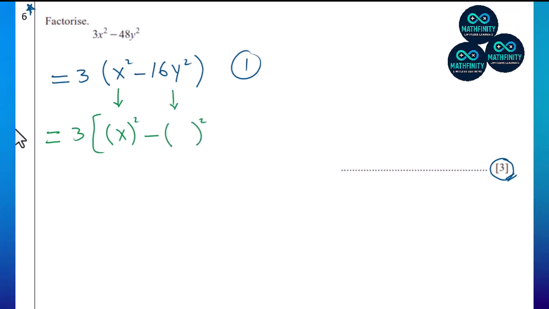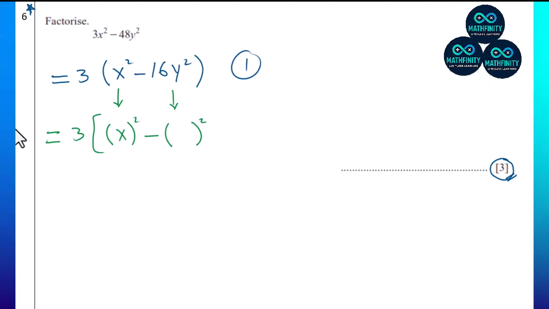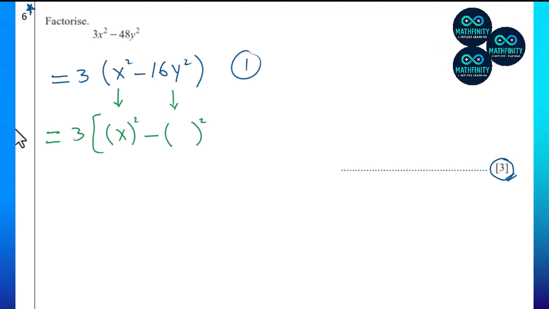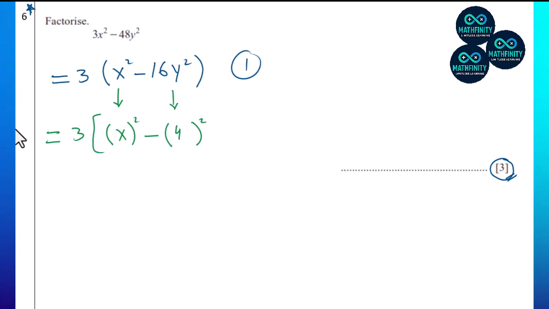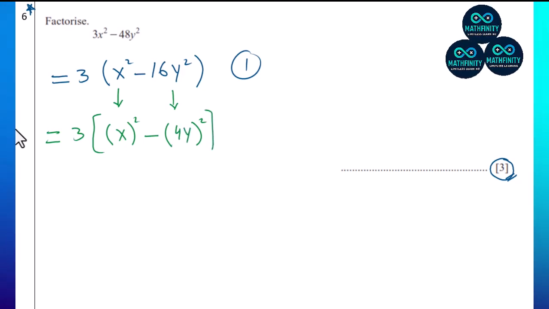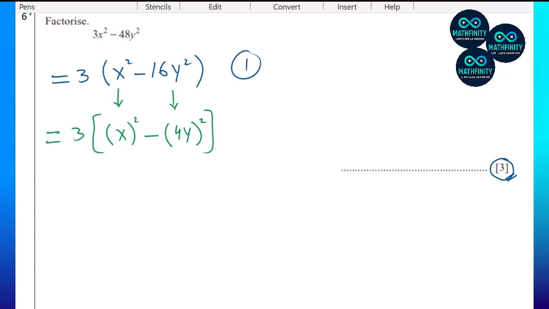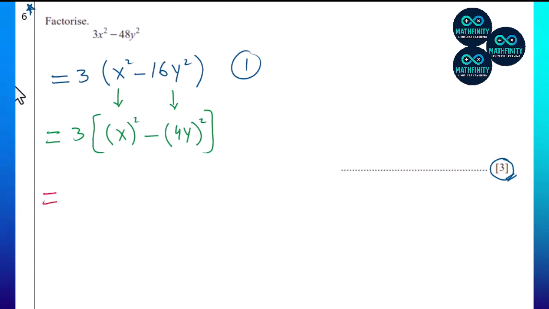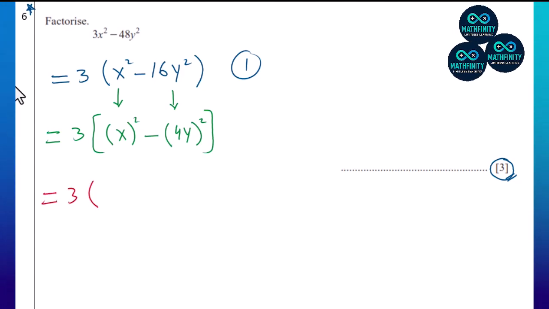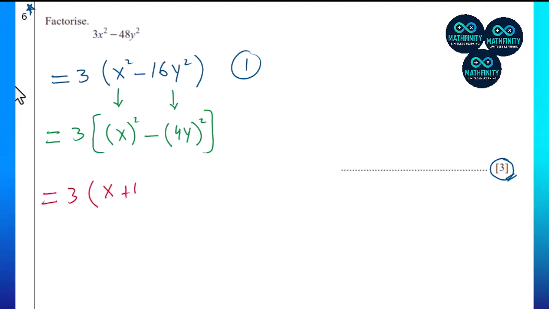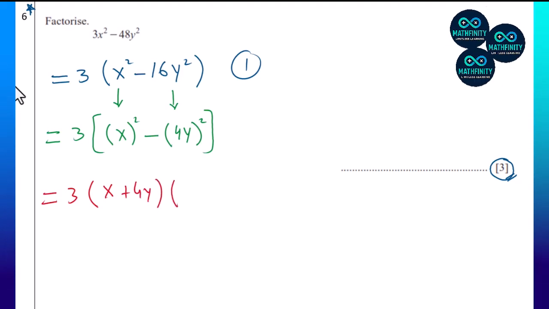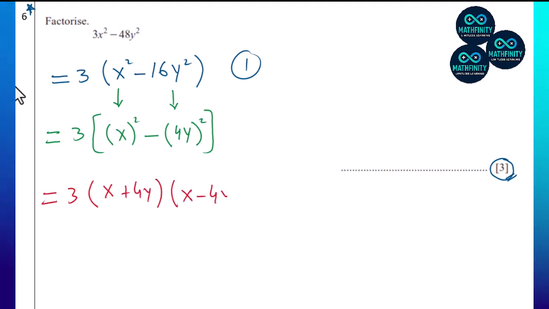For 16, what two same numbers, when you multiply them, give 16? 4 times 4, so we can close 4y. After this we have to write one time positive, one time negative. So we will write x plus 4y and x minus 4y.